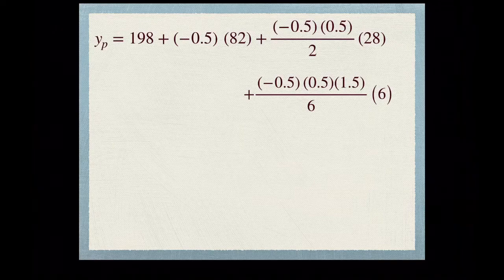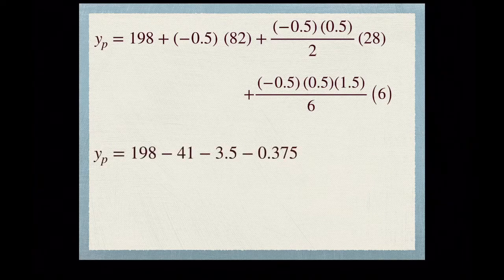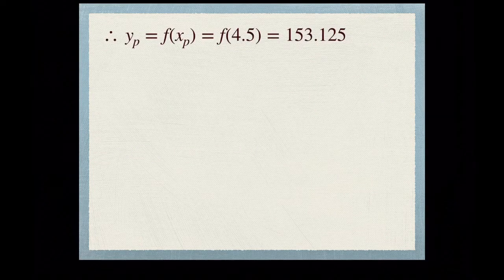Substituting all this, we multiply and simplify, and we get 198 minus 41 minus 3.5 minus 0.375. The value of that is 153.125. Therefore, yp, which is equal to f of xp, which is equal to f of 4.5, is equal to 153.125.